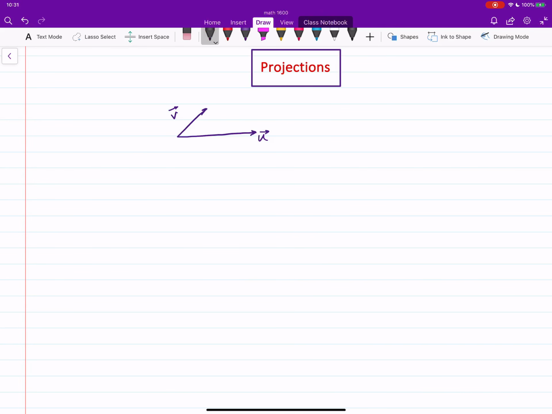We want to find the perpendicular shadow of v over u, or the projection of v over u, such that the edge of the shadow is perpendicular to the vector u.